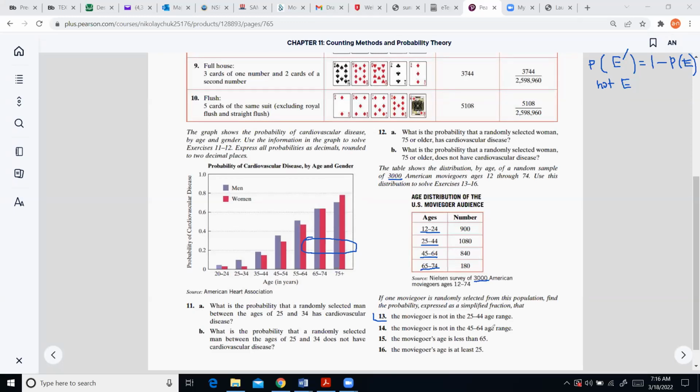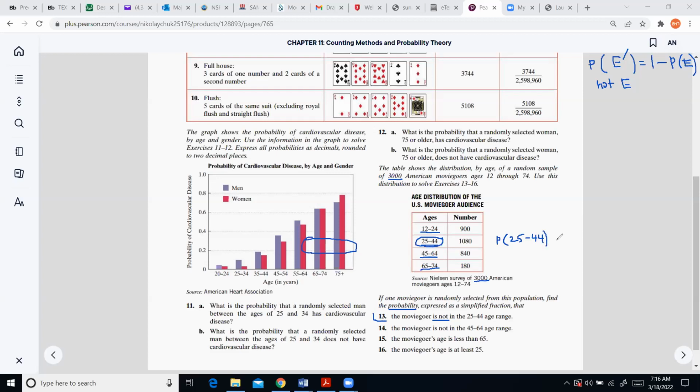So exercise 13 says, find the probability that someone is not in group 1. So actually not in group 2. Well, the way to get someone in group 2, which is from 25 through 44, will be to see how many we have in that group.